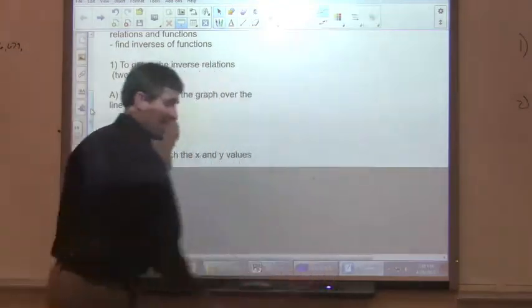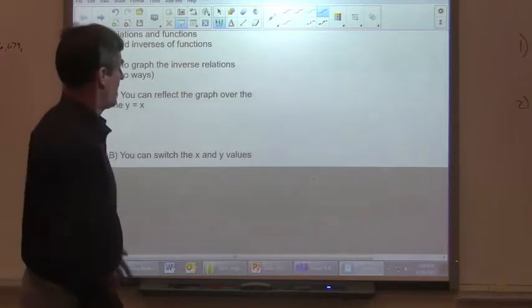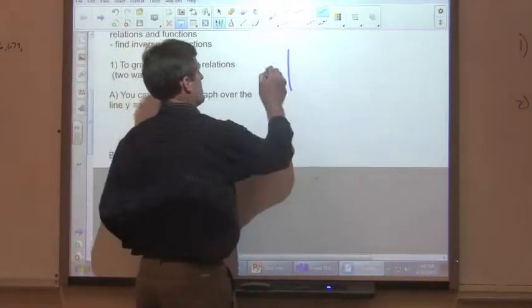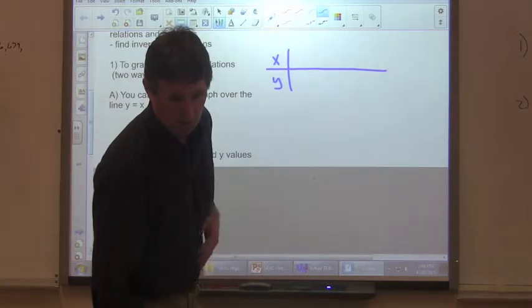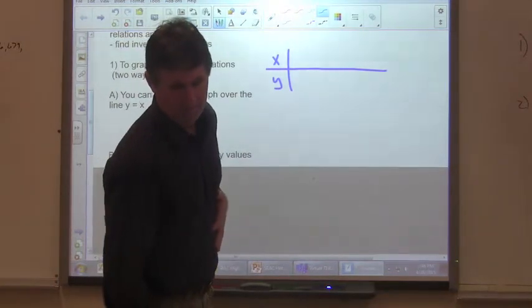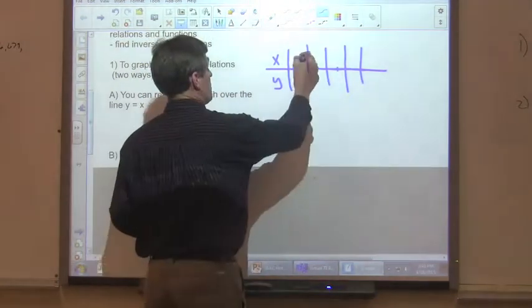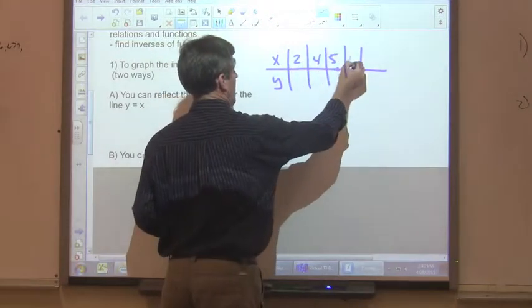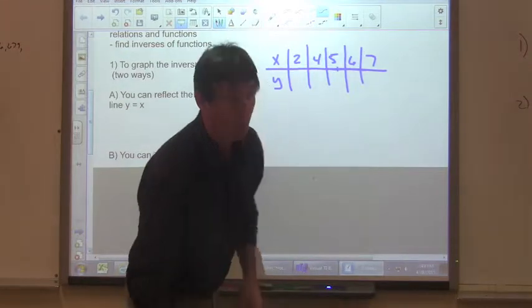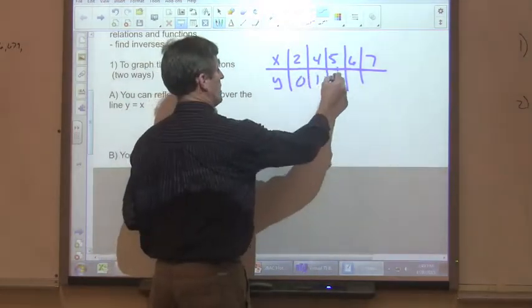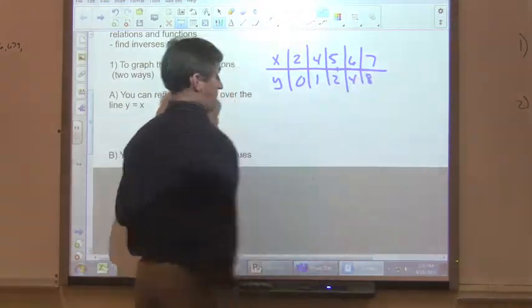So, as an example, if we took the ordered pairs, and let's let our x values be 2, 4, 5, 6, and 7. And then the y values will be 0, 1, 2, 4, and 8.